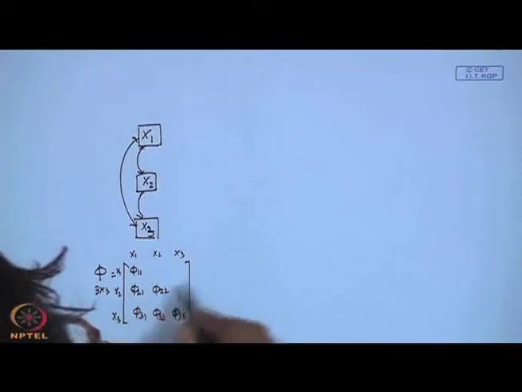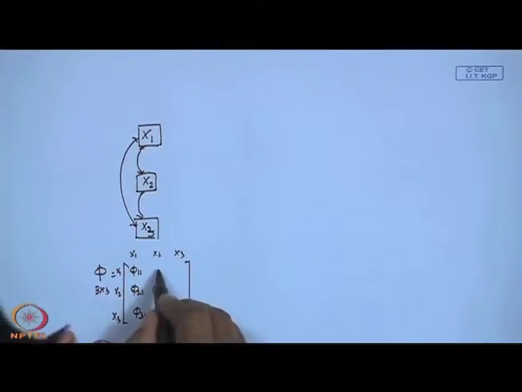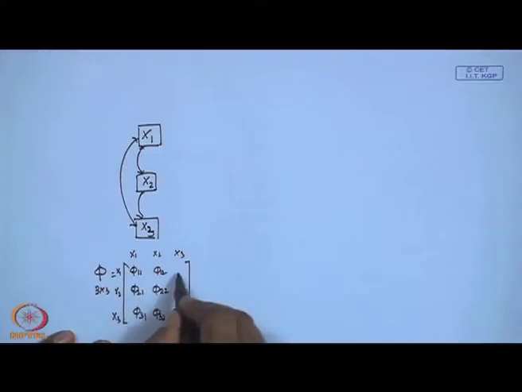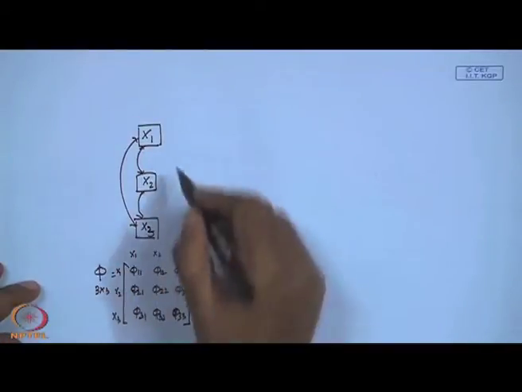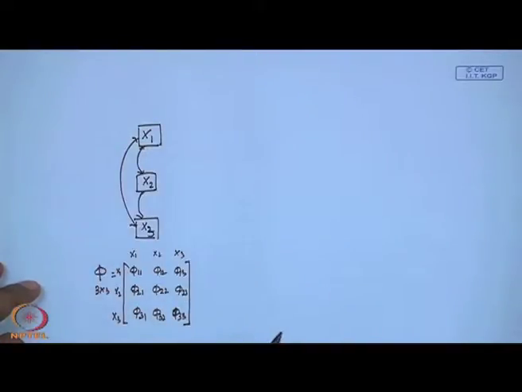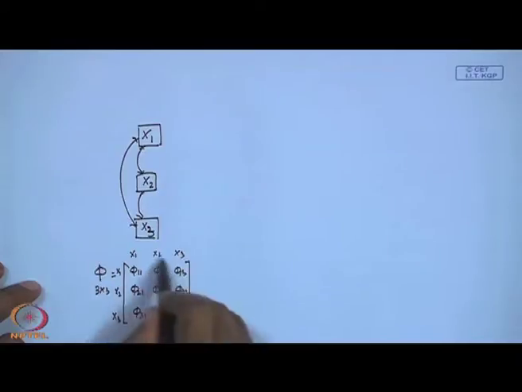Definitely this is a symmetric matrix, so phi 1 2 equals phi 2 1, phi 1 3 equals phi 3 1, and phi 2 3 equals phi 3 2. In the case of multivariate and multiple regression, we assumed that the off diagonal elements are 0.